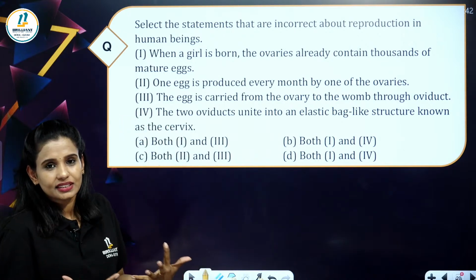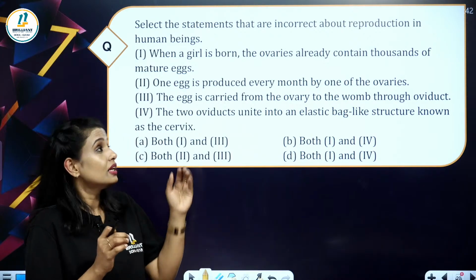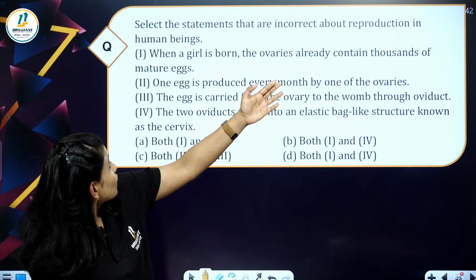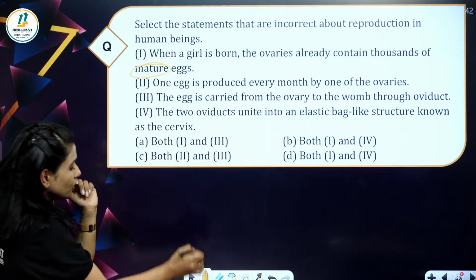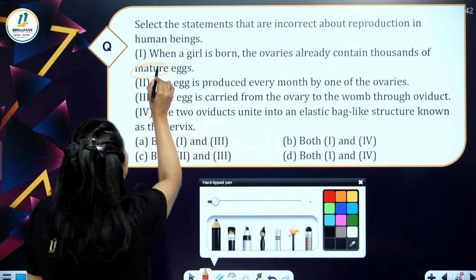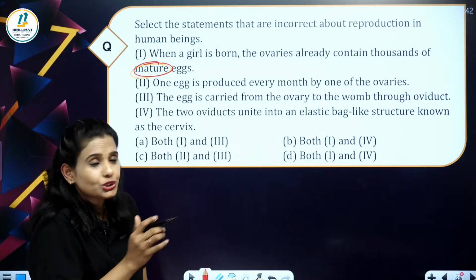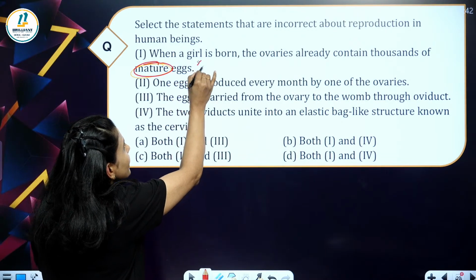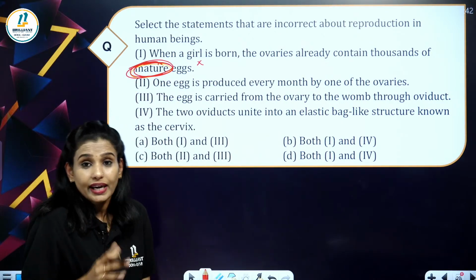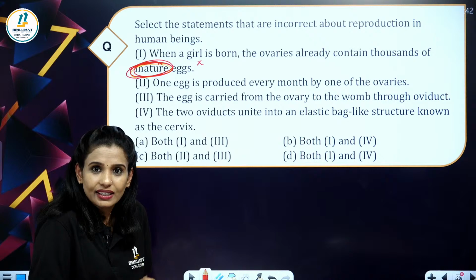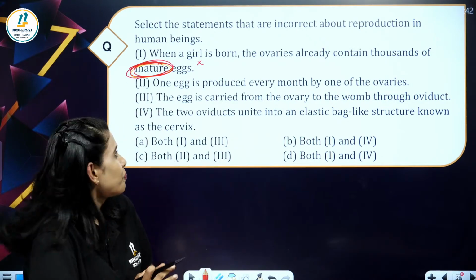When a girl is born, it's certain thousands of mature eggs won't be there. There will be immature eggs. Eggs will be there, but that will be immature. So you can mark the statement as wrong because here it is given mature eggs.